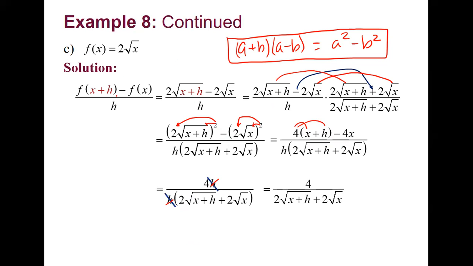That h comes from distribution of the h's. And then this is your difference quotient. The square root would be the most complicated because you'd have to pay attention to the conjugate. But it would be the most complicated.